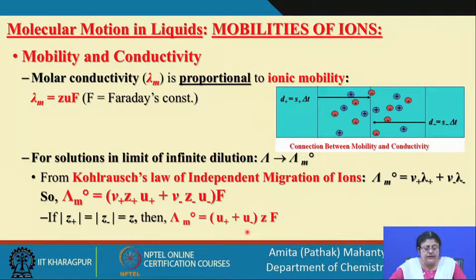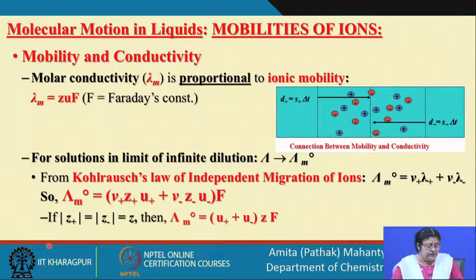For a solution at limiting dilution, where the molarity tends towards 0, from Kohlrausch's law of independent migration of ions, the molar conductance is the sum of the contributions of the cation and the anion, each multiplied by the number of formula units. Hence the molar conductance at infinite dilution is nu Z U, with plus and minus signs, multiplied by F.